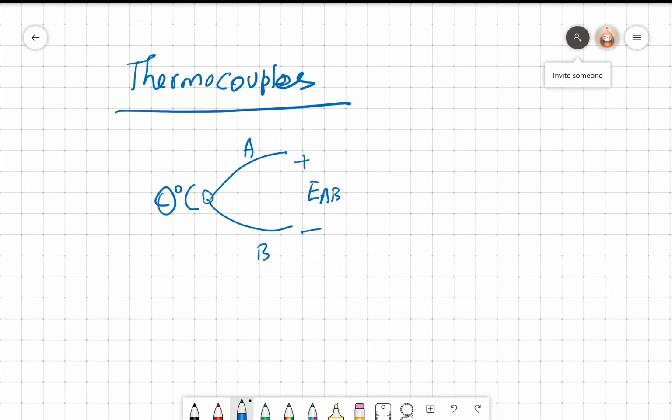So if we assume that work function A is greater than work function B, then for a given thermal energy, the number of electrons in B will be greater than in A. So I have more electrons here and fewer electrons here, so this will become positive, this will be negative. This is an electric potential.